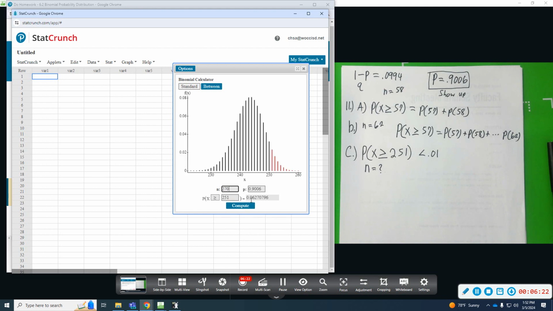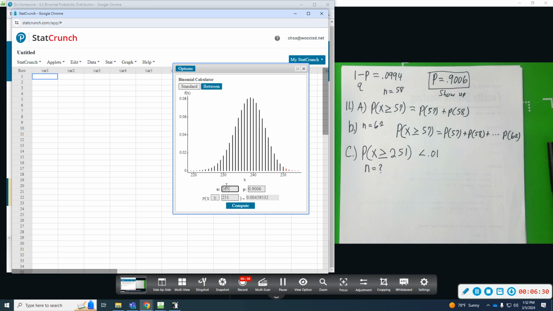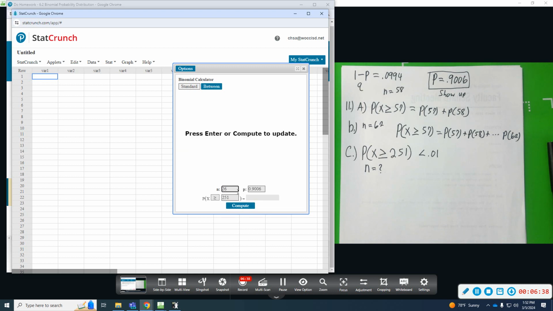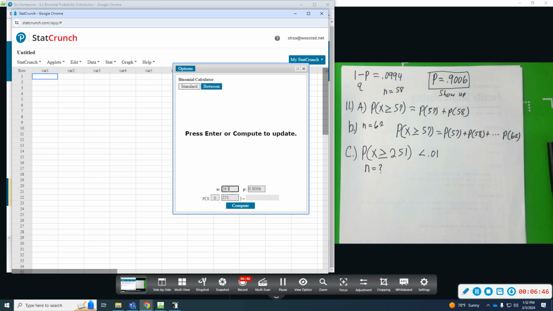Okay, so when I go to 270, that's too much because there's a 6% and I want this to be less than 1. So let me go halfway, let's say 265. Okay, so 265 is 0.004. This is less than 1. So let me go to 266. I want to know the closest I can get. So 266 is still less, it's 0.008. So let's try 267.